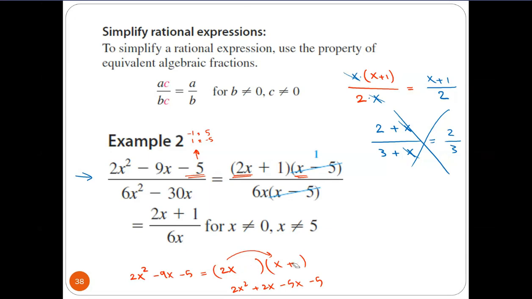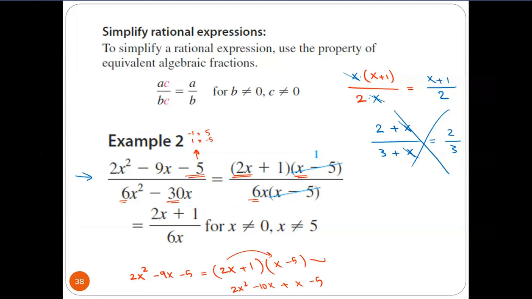So remove this one and try another. For example, plus 1 and negative 5: we have 2x squared, negative 10x and positive 1x, minus 5. So we have 2x squared minus 9x minus 5. So this is correct. In the denominator, we can take 6 as a common factor and x to the power 1.